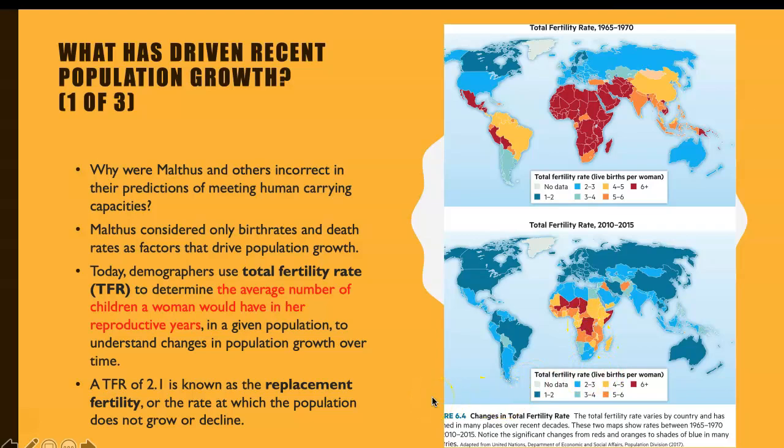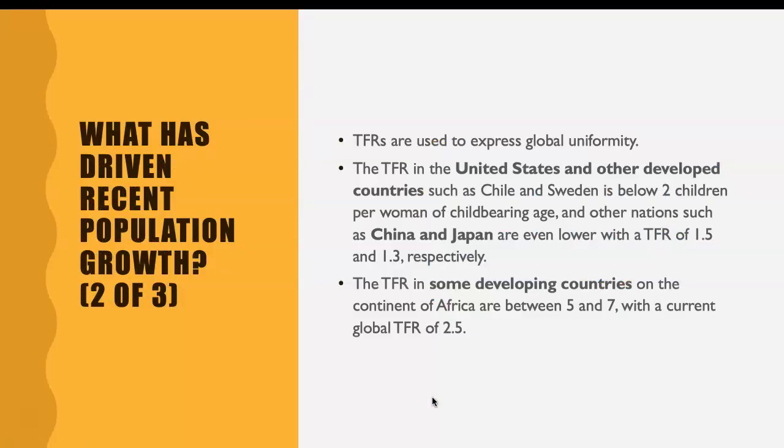So what does that tell us? The global population is going to increase or decrease? We're getting stable. We'll get there. So overall, the United States and other developed countries have a TFR below 2.